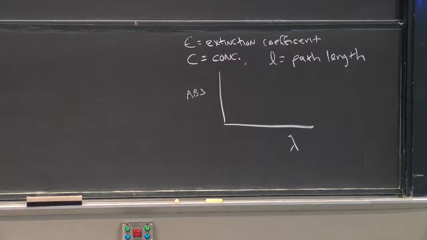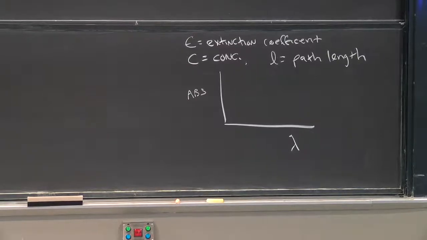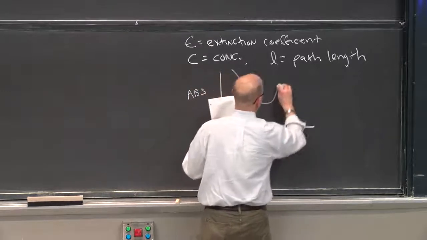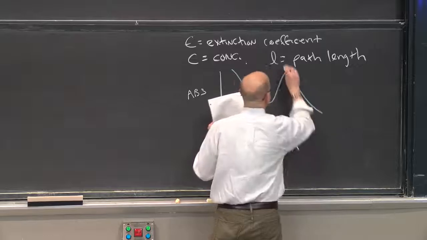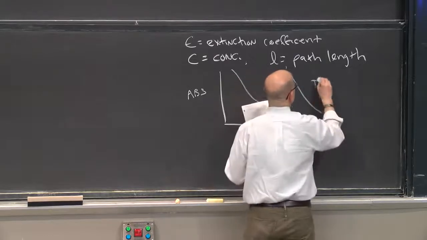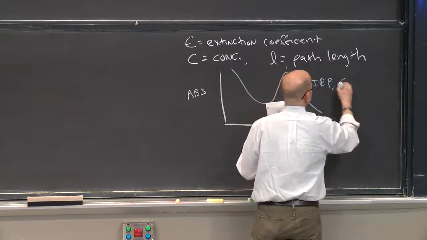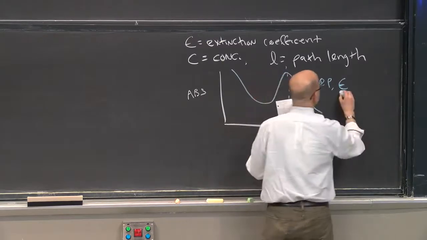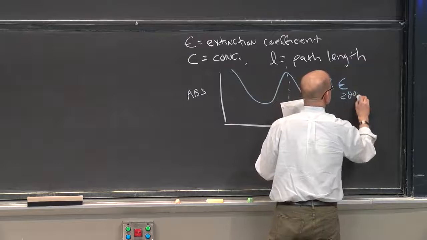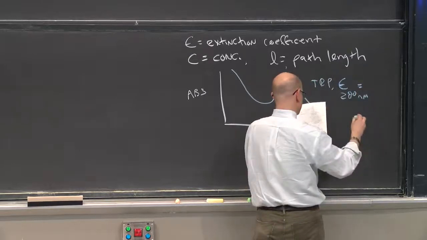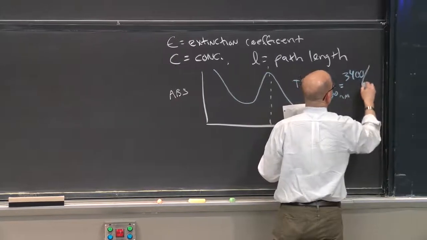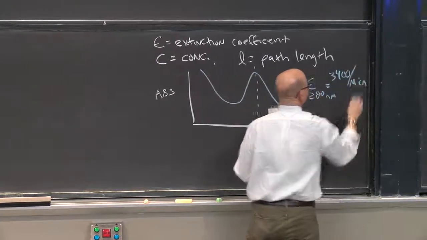Let me grab some colored chalk. Curve that looks like this. I get an absorption here, and the maximum right here for blue for tryptophan, the extinction coefficient for tryptophan turns out to be maximal at 280 nanometers, and that number turns out to be 3,400 per molar centimeter. And that makes sense, right?